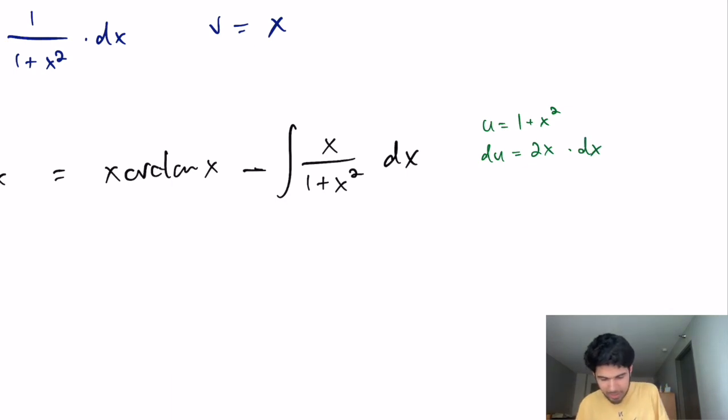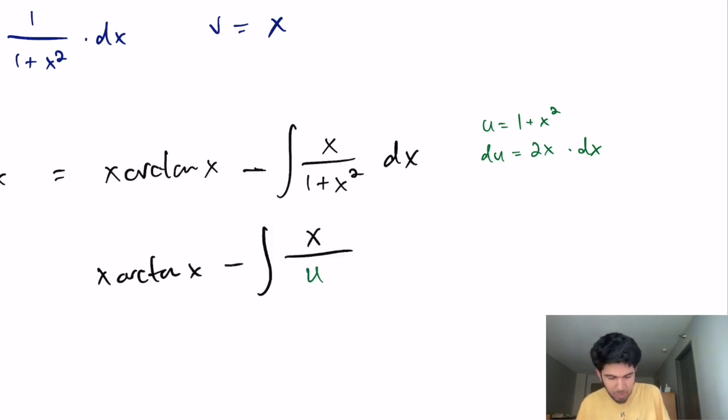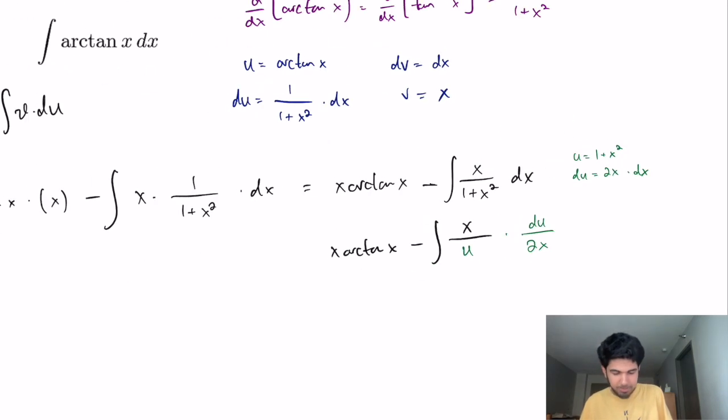So now we're left with x arctangent of x minus the integral of x divided by u times du over 2x. So that means x arctangent of x minus, let's bring out the 1/2. The x's will cancel. We're left with 1 over u times du.